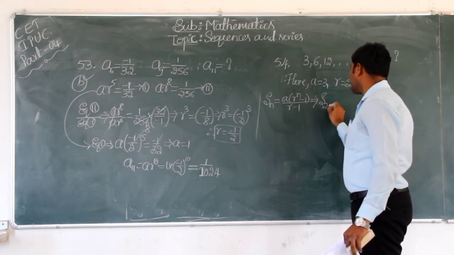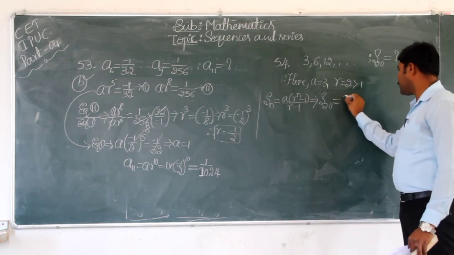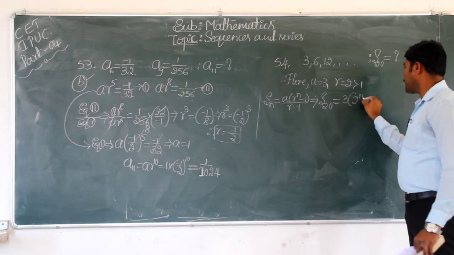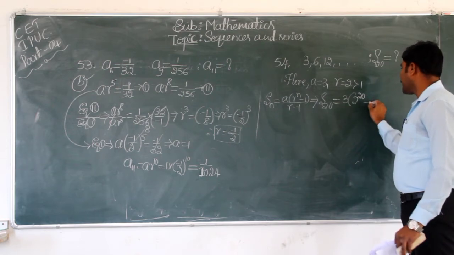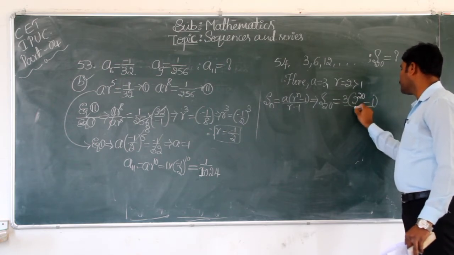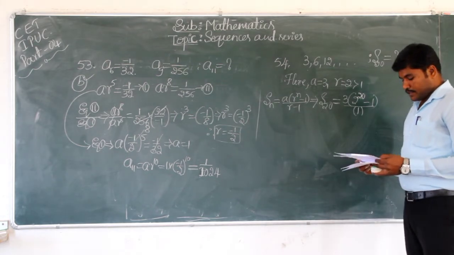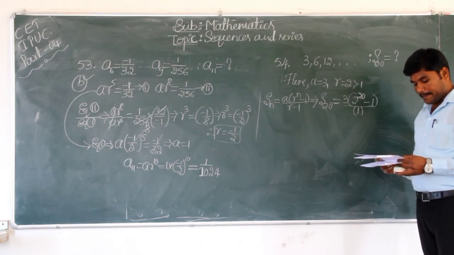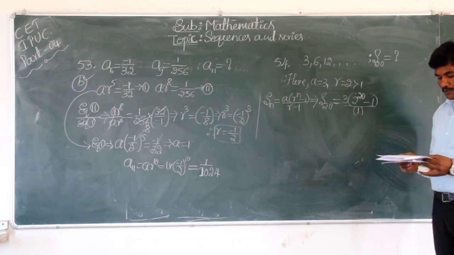Replace n by 20. S20 becomes A of, A means 3, of r to the power of n, that is 2 power n, and n means here 20. 2 power 20 minus 1 upon 2 minus 1. 2 minus 1 is 1. See, now the options: option A is 3 into 3 to the power of 20 minus 1, option B is 3 into 3 to the power of 19 minus 1 upon 2, it is also a wrong answer.